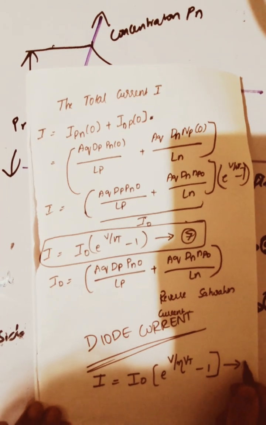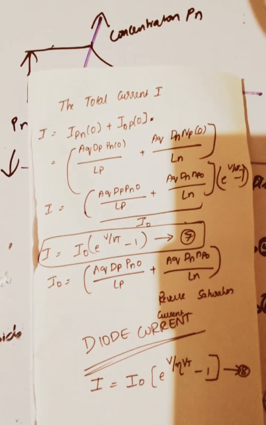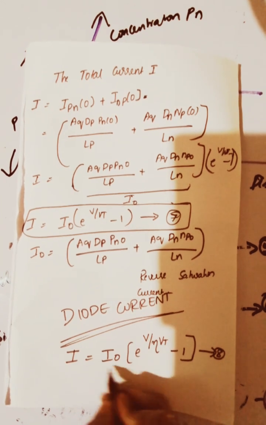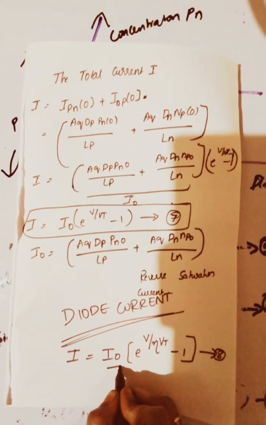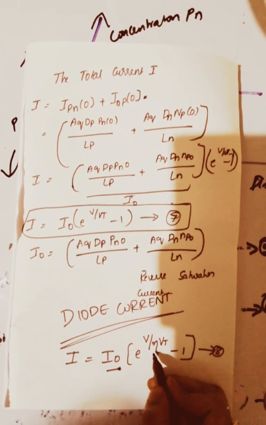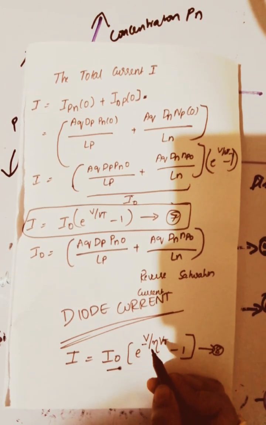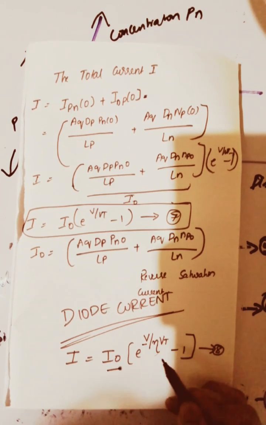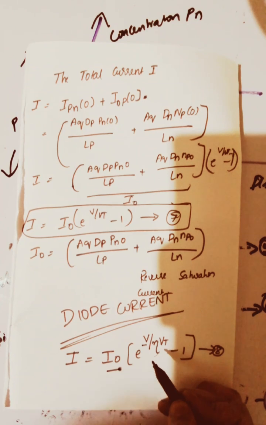Equation number 8. Where I naught is the diode reverse saturation current at room temperature, V is the external voltage applied to the diode, and eta is a constant, that is 1 for germanium and 2 for silicon.